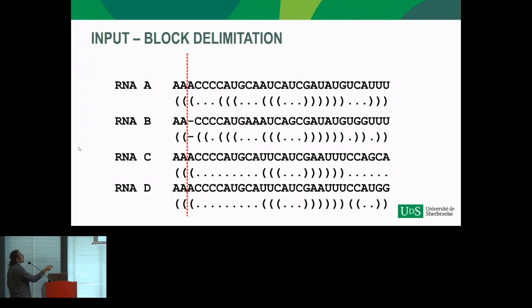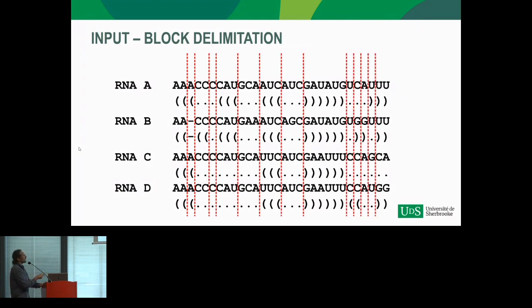The idea is to see the pairing status for each sequence in the alignment, and when there is a continuous status all along the sequence, we put it in the same block, and when we have a change, for example here we have a gap, so we have a change in the pairing status, we add a block delimitation and we go up on the sequence. At this position we see we have a gap, and just after we have parentheses, so we have to define a new block, and we go until the end of the alignment, and we have the block delimitation for our multiple RNA alignment.